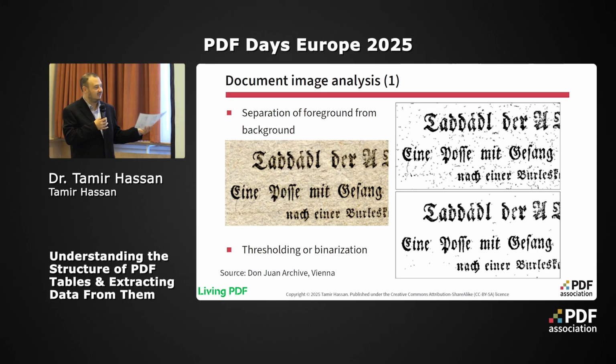It's not quite so easy to find out which pixels are foreground and which pixels are background. And there are various approaches in the literature, such as Otsu and Sauvola, which I won't go into detail today. But this is a step that, if we're working with clean PDFs, is actually relatively unproblematic.